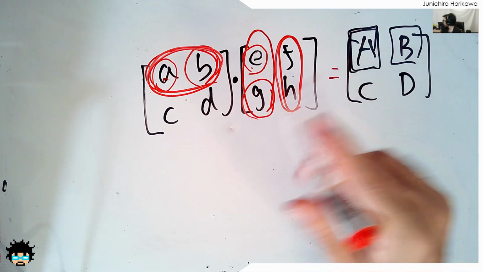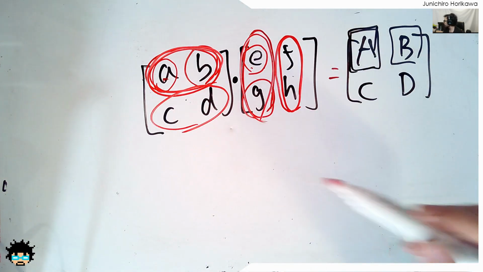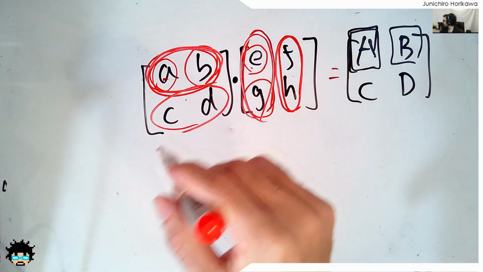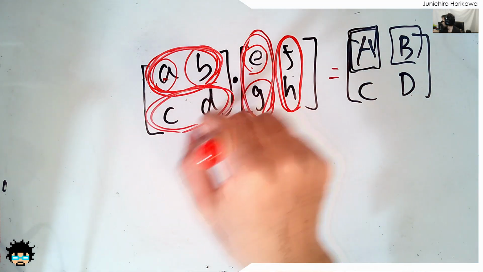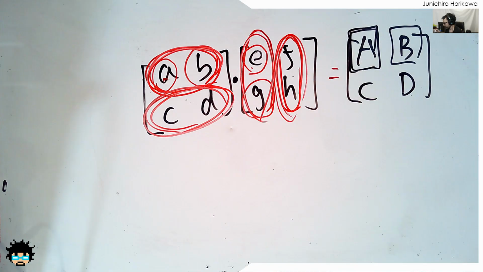And for the C value, you then pick the second row and pick the first column and do the same calculation, CE plus DG. And for the D, pick the second row and the second column and do the same calculations.